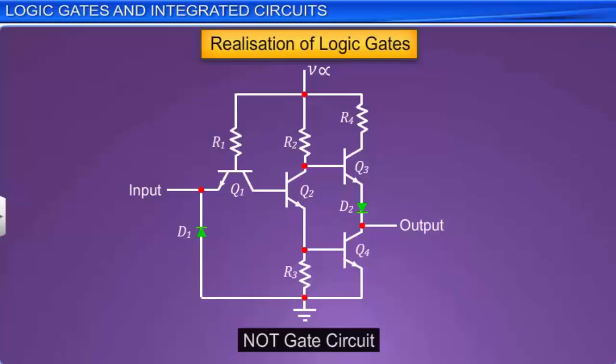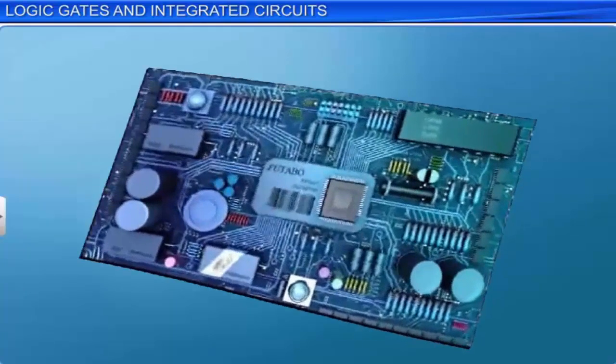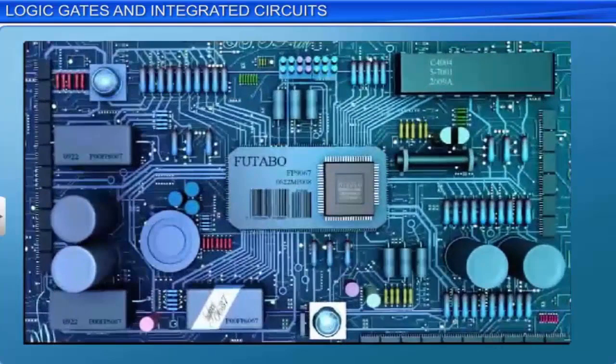For example, here is a circuit showing the construction of a NOT gate. Conventional circuits using a large number of electronic devices assembled together are bulky, unreliable, and prone to malfunction. Such circuits that use individual components are called discrete circuits.